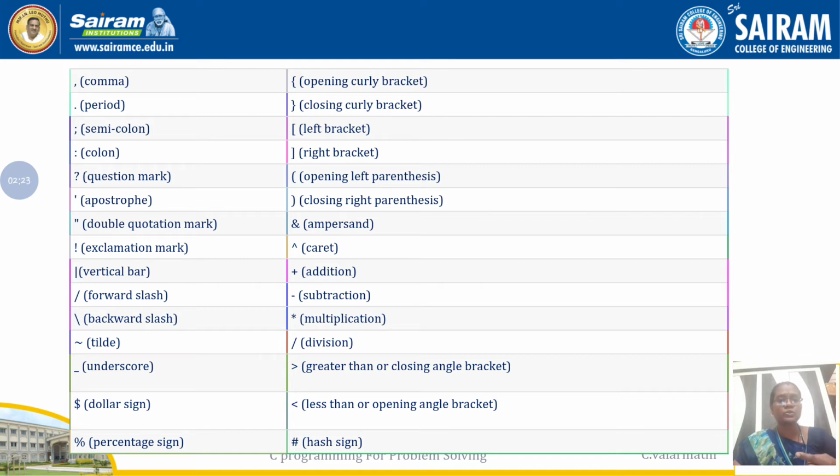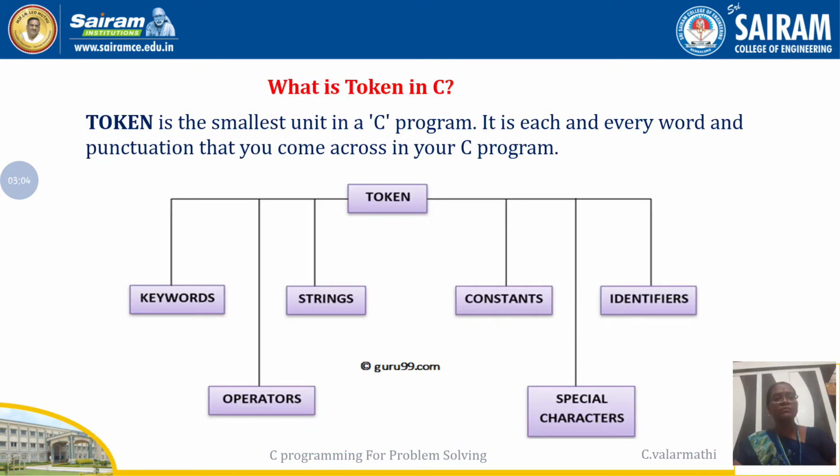The hash sign is mainly used in the inclusion of header files: hash include and hash define, in the preprocessor directives. The modulo percentage symbol is an arithmetic operator, and the dollar symbol, underscore and tilde symbol are also used. That is about character set.